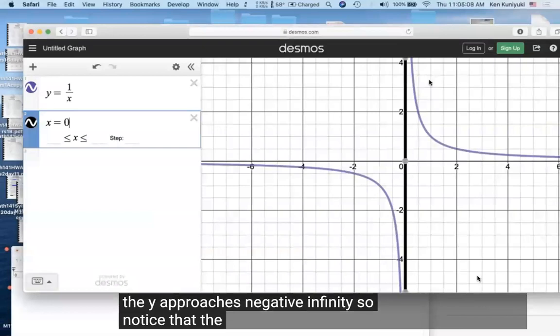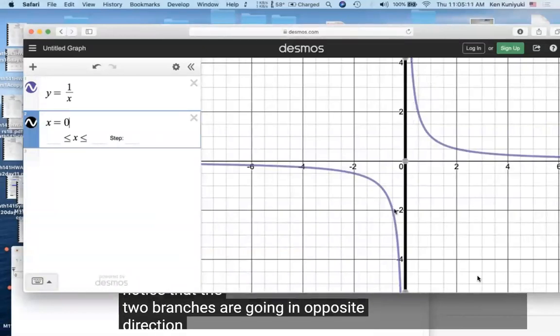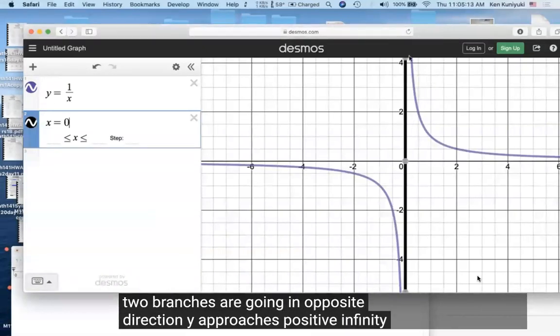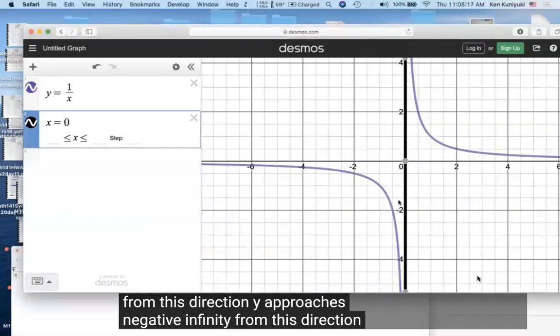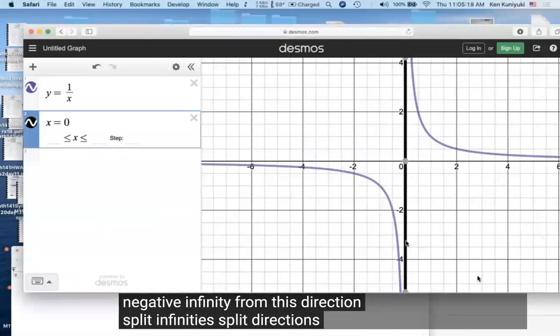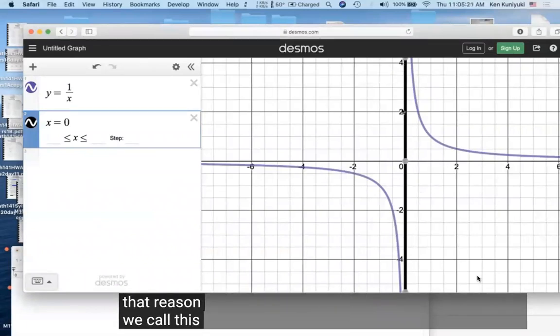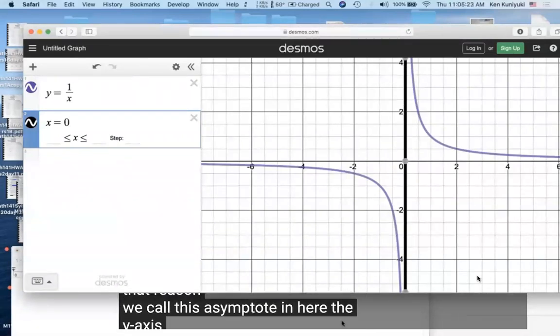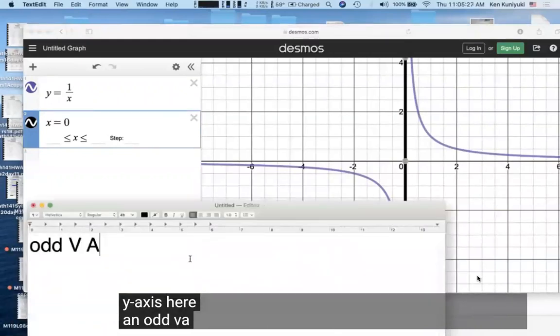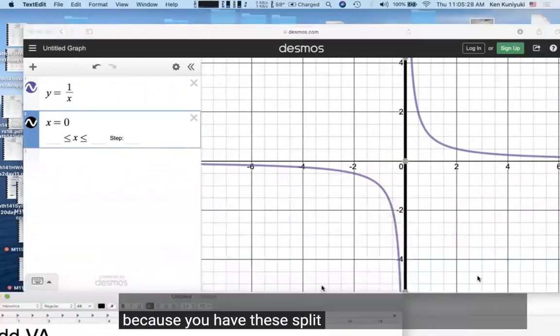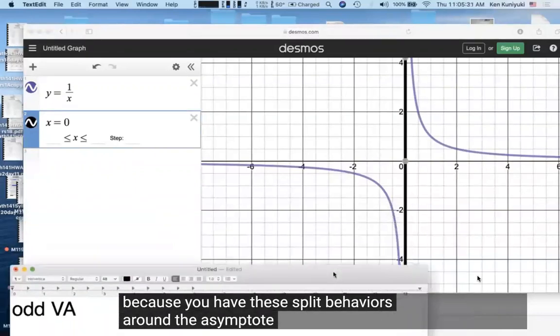So notice that the two branches are going in opposite directions. Y approaches positive infinity from this direction, y approaches negative infinity from this direction. Split infinities, split directions. For that reason, we call this asymptote, the y-axis here, an odd VA, because you have these split behaviors around the asymptote.